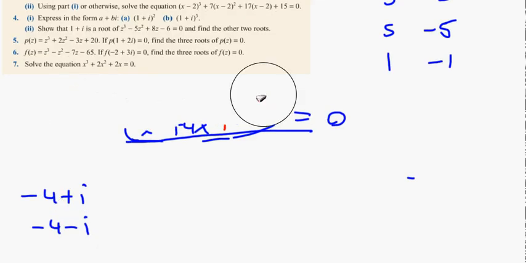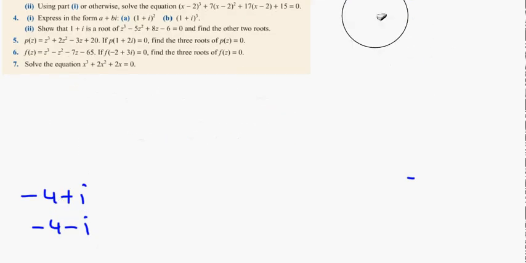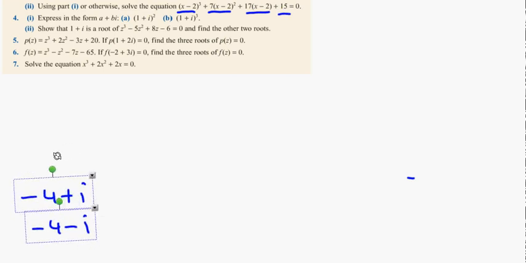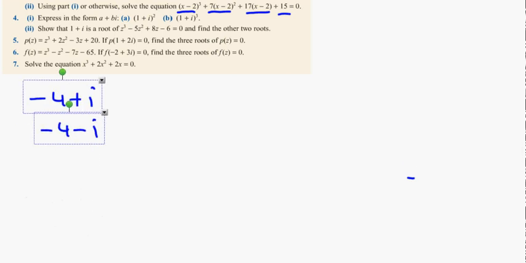So what brings us on is the next part. Using part 1 or otherwise, solve this equation here: x minus 2 cubed, plus 7 times x minus 2 squared, plus 17 times x minus 2, plus 15. The key thing here is to look at the coefficients of each one.